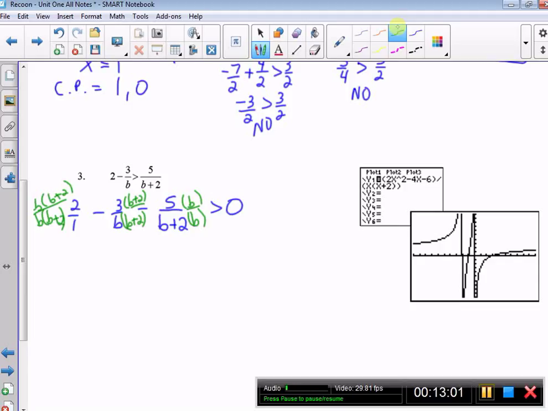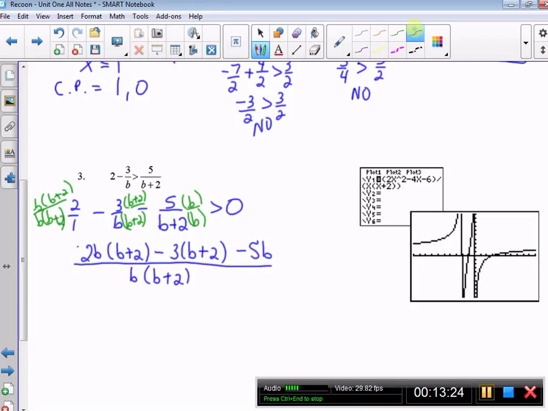Okay? So now all those denominators are the same. So I have b times b plus 2. Actually, I have 2b times b plus 2 minus 3 times b plus 2 minus 5b, and that's all over b times b plus 2, because right here you're multiplying 2 times b plus 2.